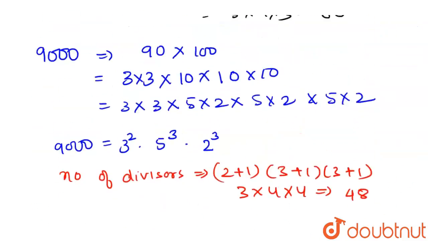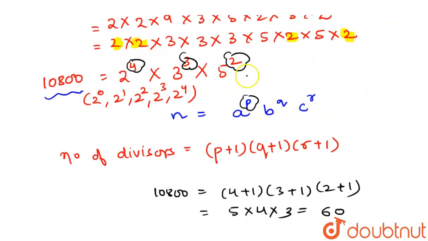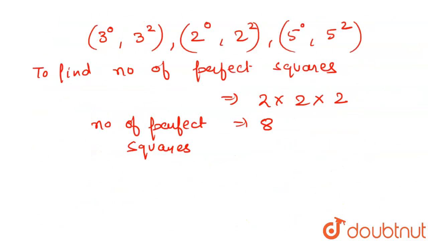How do we find this? Here we can see in the formula that we had power p, but the number of divisors in that power p will be 5 numbers, right? 2 to the power 4 has 5 terms inside it. Similarly, here we have only 2 numbers, but we are not having the power 1.